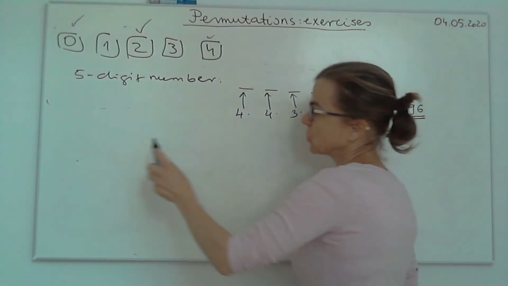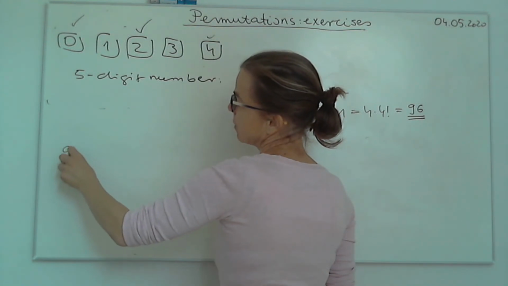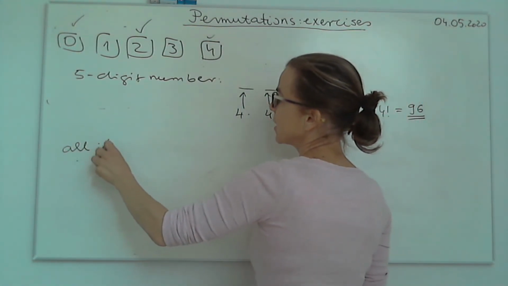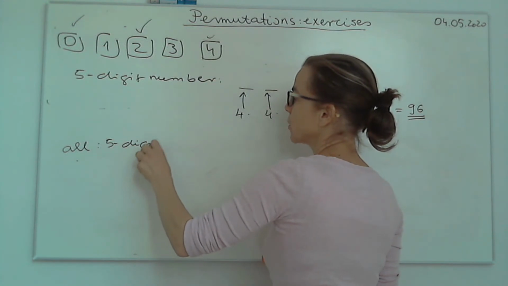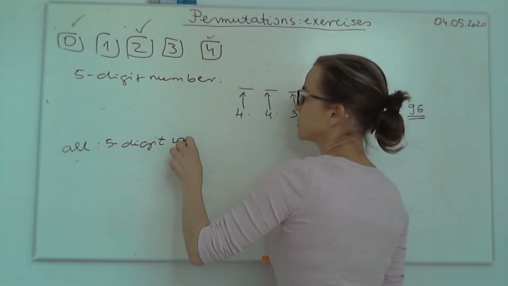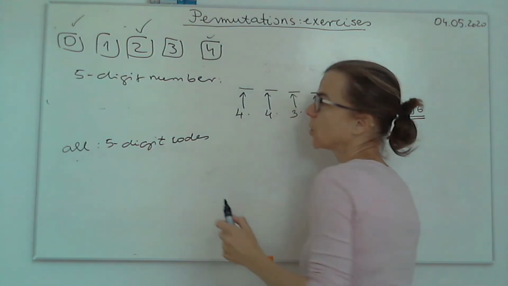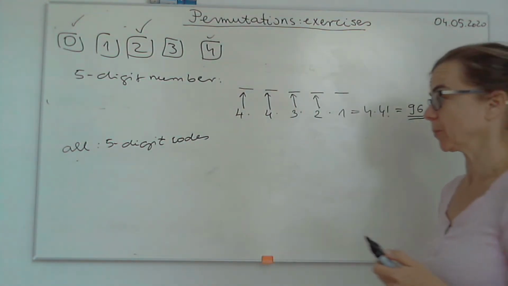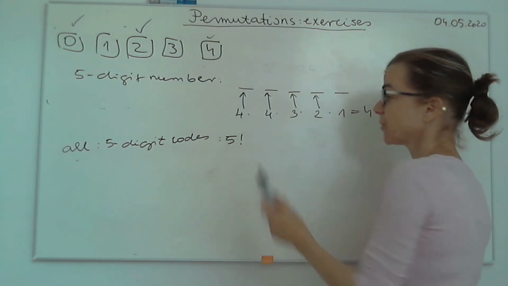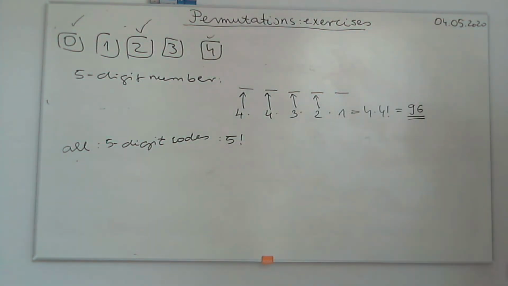Because you could also say that I don't care, I calculate all possible 5-digit codes, codes being distinguished from numbers because 0 can go into the first place. That's going to be then 5 factorial, since 0 can go there.